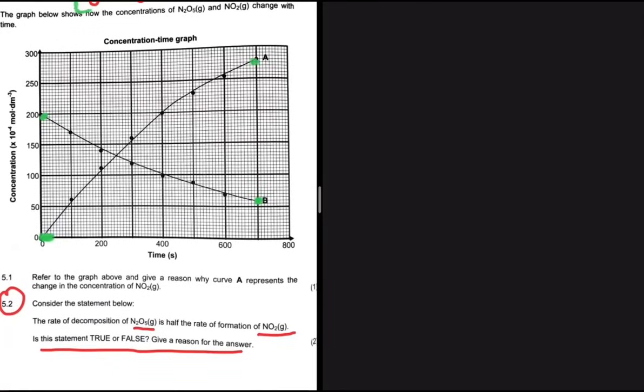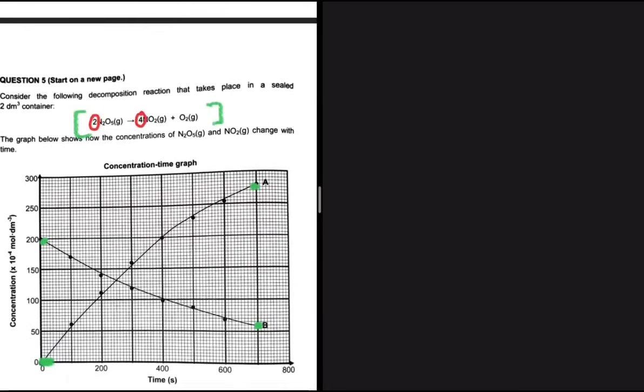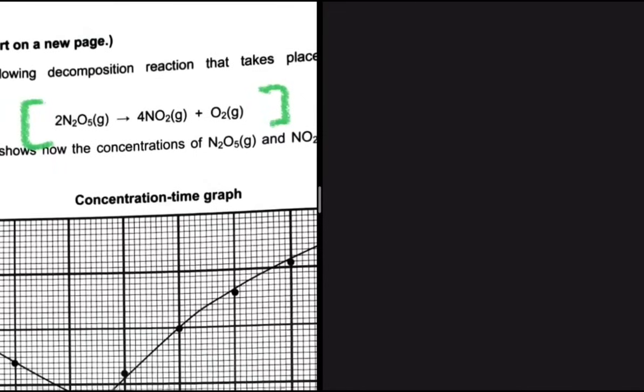And then the question: refer to the graph above and give a reason why curve A represents the change in concentration of NO2. So let's go to our equation and look at NO2. You can see that NO2 is one of our products, right?